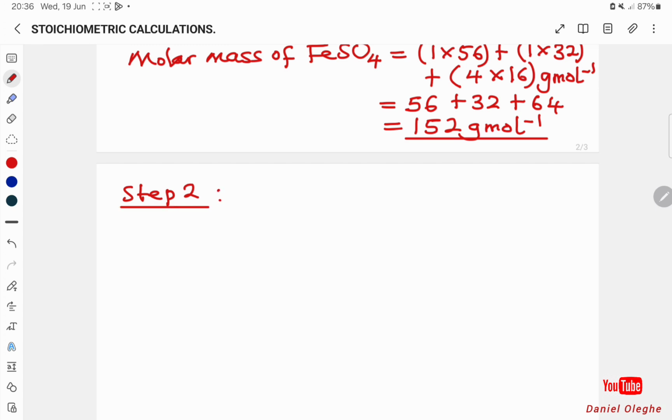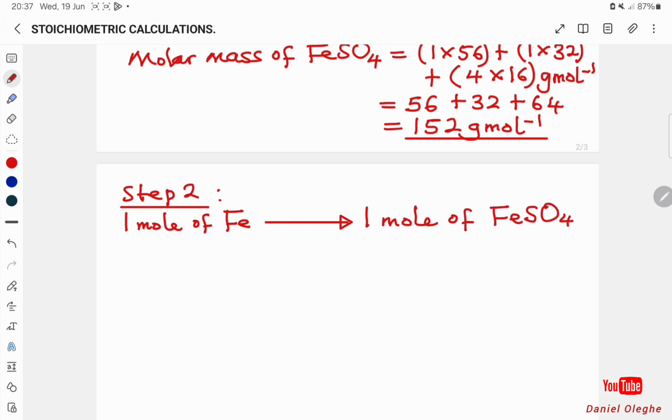The next thing that you do is to relate them mass to mass. From the equation, we have 1 mole of iron reacting to produce 1 mole of FeSO4.